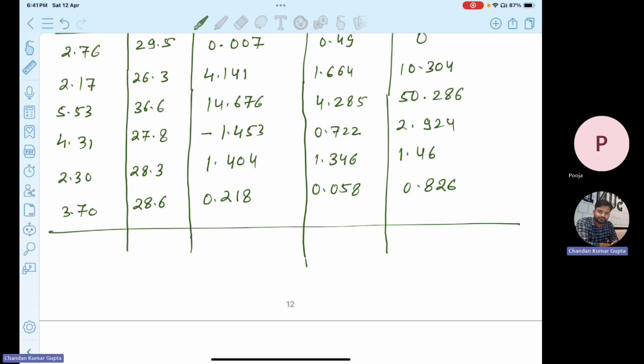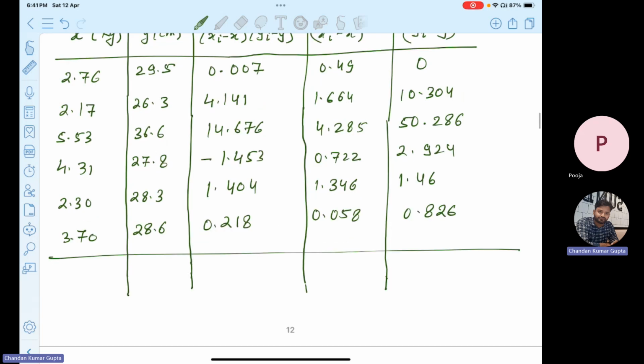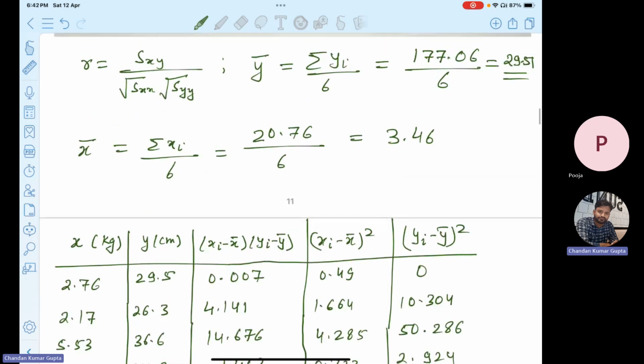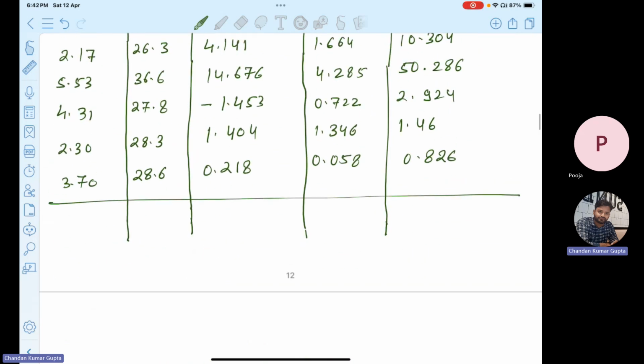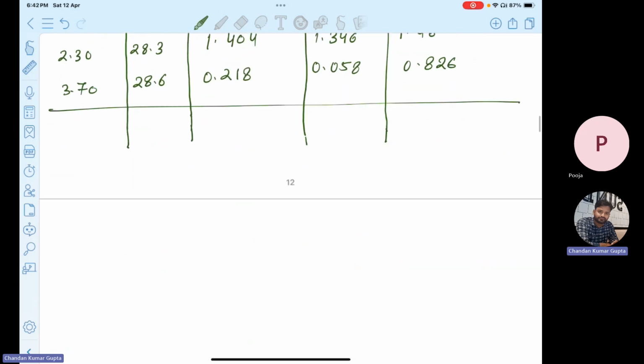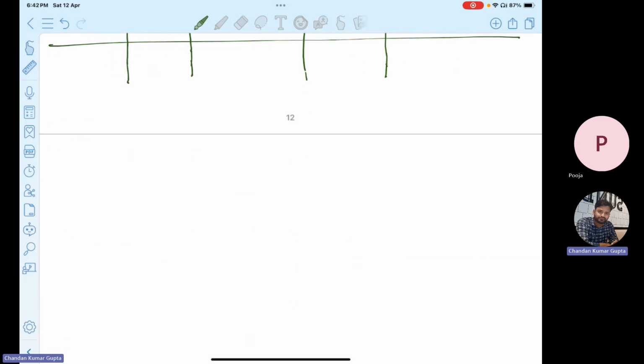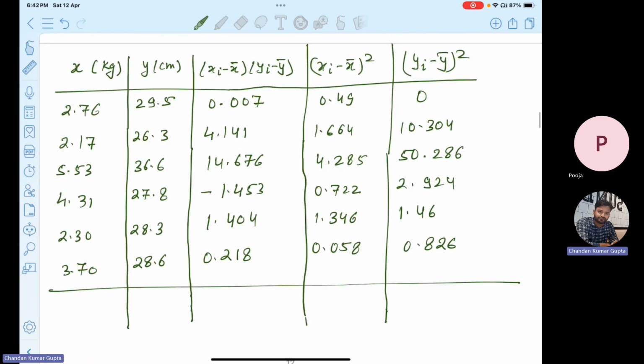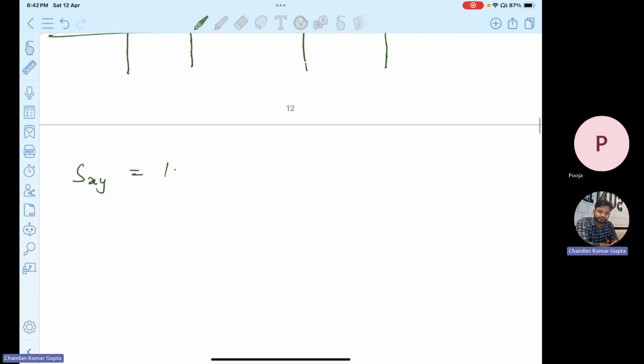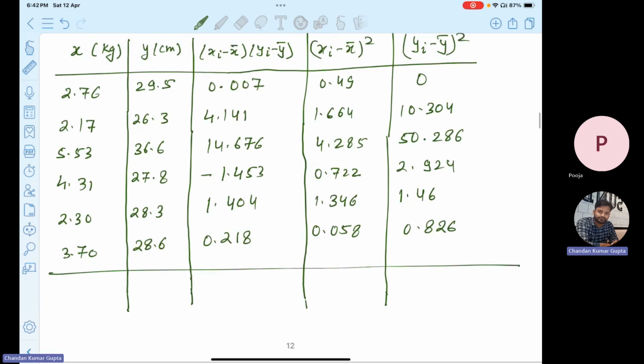Okay, so the next step is to calculate the summation values. Once we have these values, we can calculate Sxy, which is the sum of the third column, 18.557. We just need to sum those values.